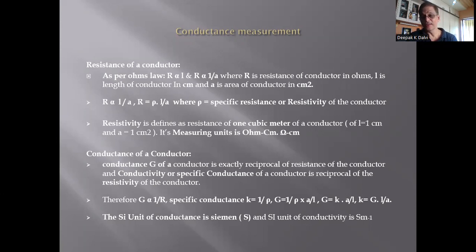Resistance means avoid, stay away, or prevent, and conductance means allow, pass. So it is exactly opposite or reverse of resistance. Conductance of a conductor, which is termed G, is exactly the reciprocal of the resistance of the conductor. So everything related to resistance becomes exactly reverse for the conductance.